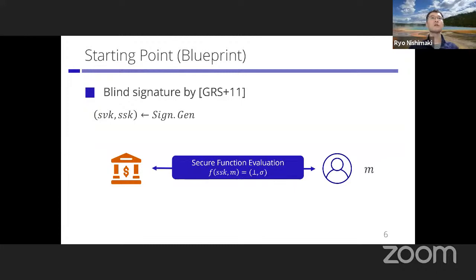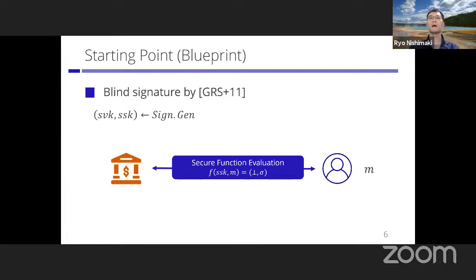Our protocol is based on the blind signature protocol by Garg et al. The protocol is as follows: the signer generates a key pair of a standard signature, and the signer and the user run the secure function evaluation protocol, and the user gets a signature for the message M, and the signer gets nothing.